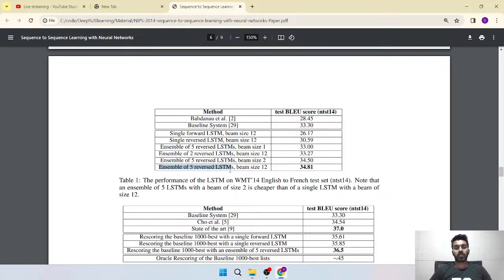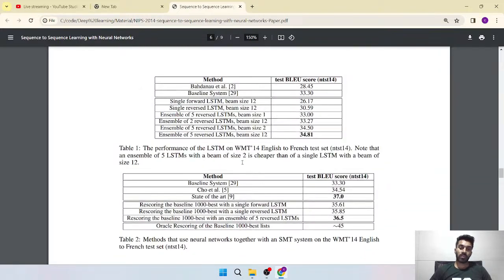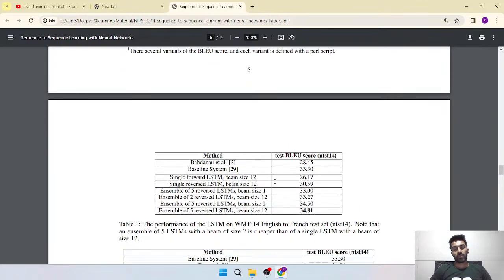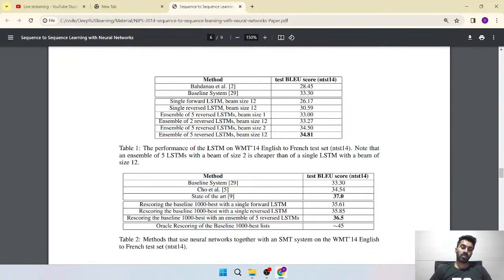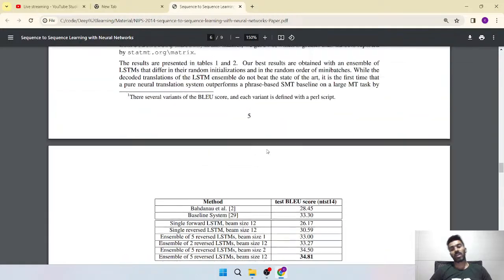And with an ensemble of 5 reverse LSTMs and beam size of 12, we get 34% accuracy, the best accuracy of this model at that time. BLEU means bilingual evaluation understudy, something like that. This is the parameter we have to know to calculate the accuracy of NLP related tasks.